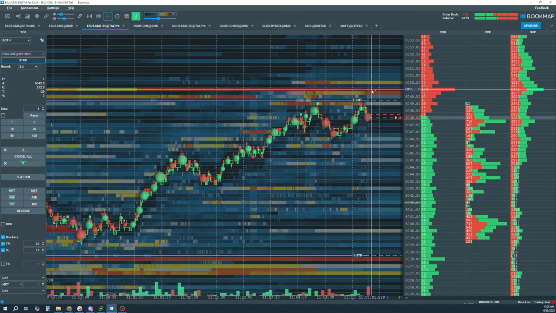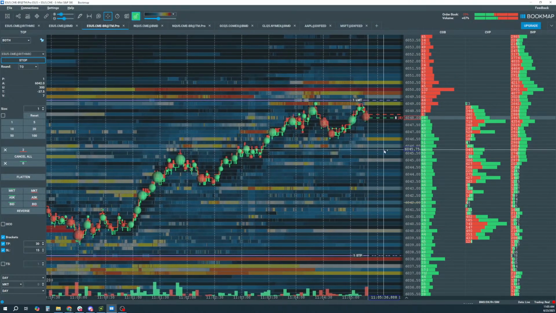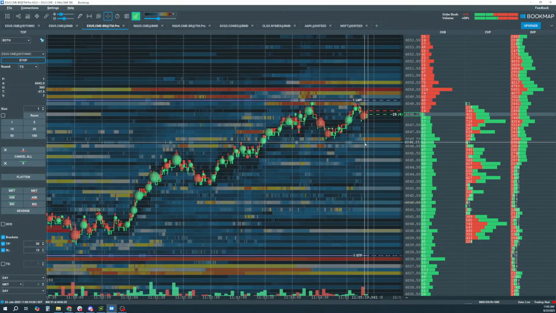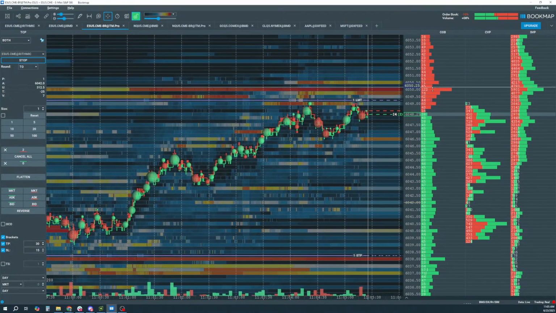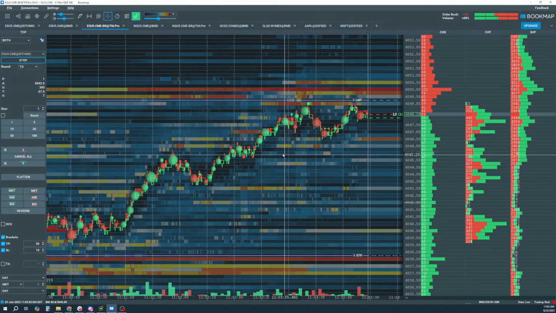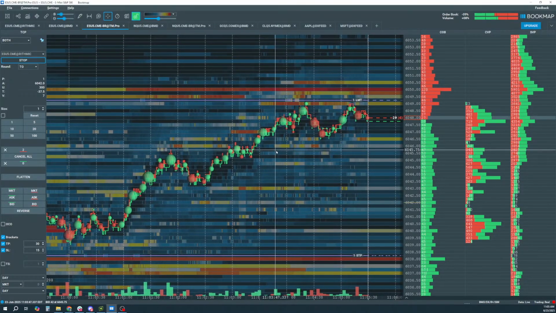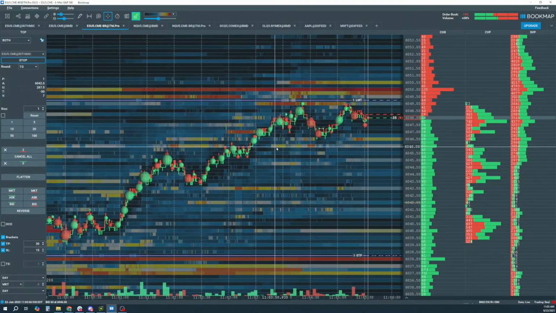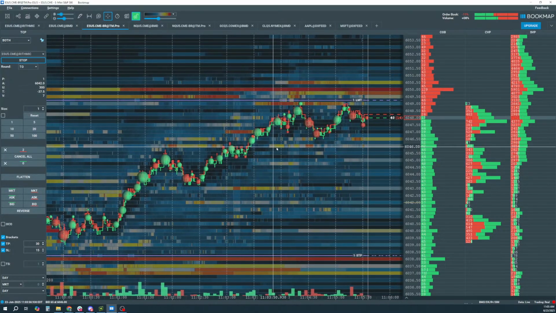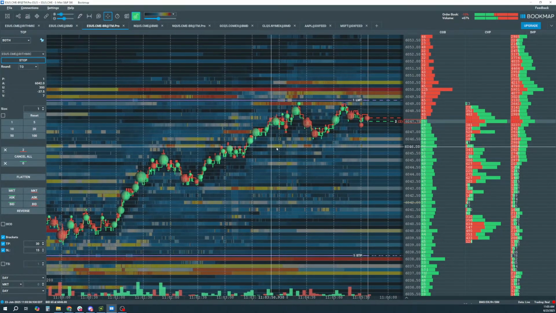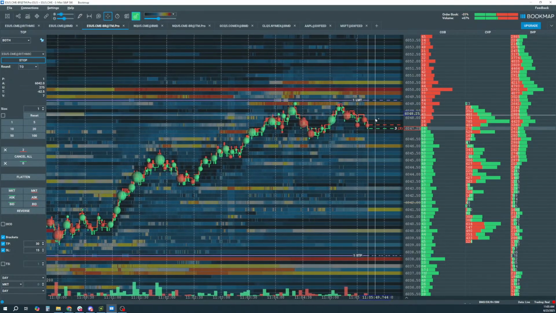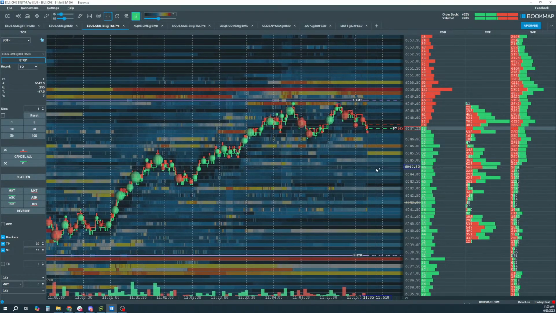I think we can not only hit it, I think we can hit through it. 124 contracts up there. Now, we never know. All of a sudden, it might be a ton of selling coming in, aggressive selling.